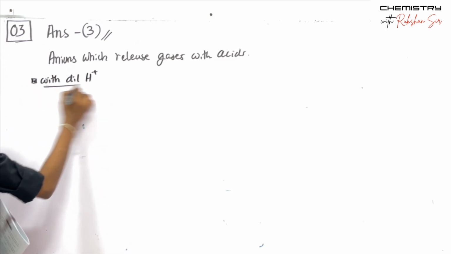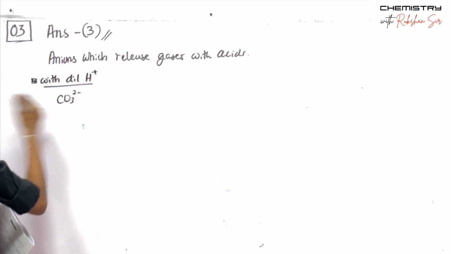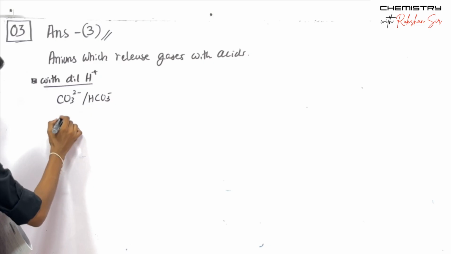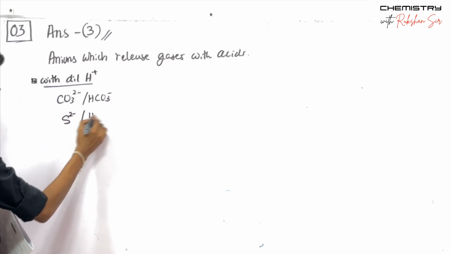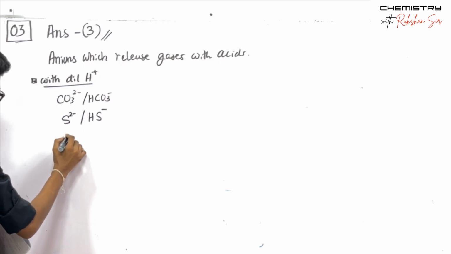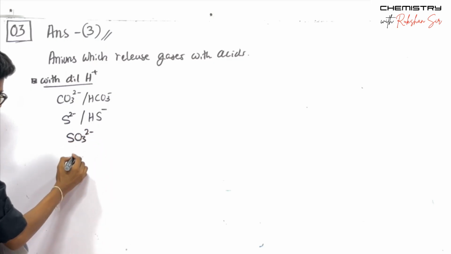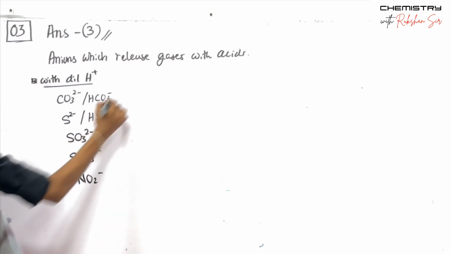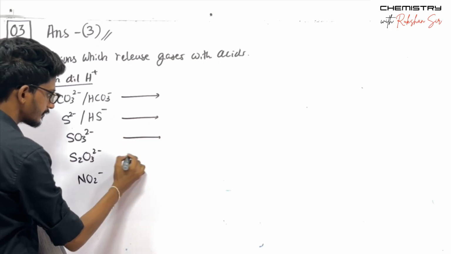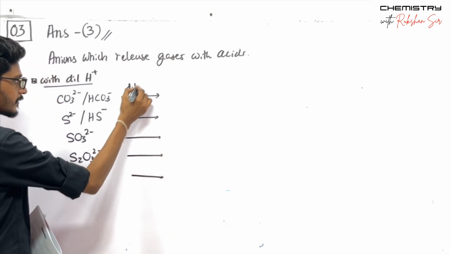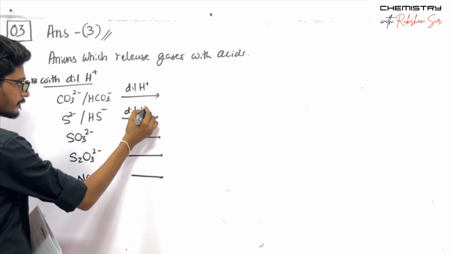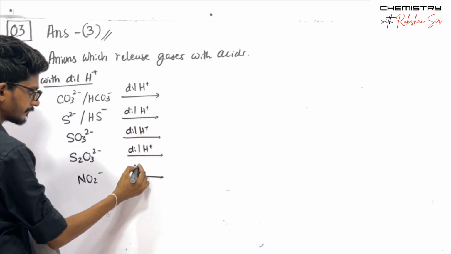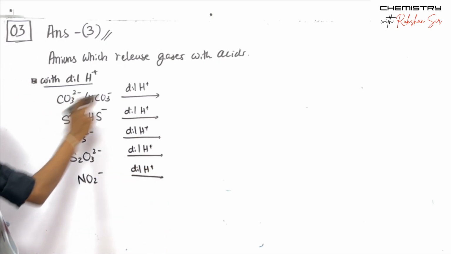With dilute acids: the carbonate, or one can say bicarbonate; then the sulfide, we can take the bisulfide as well; then SO3 2-, S2O3 2-, and NO2-. With dilute H+, carbonate will produce H2CO3.